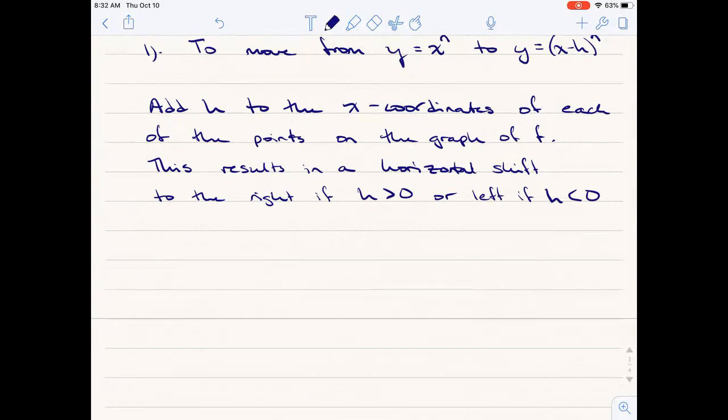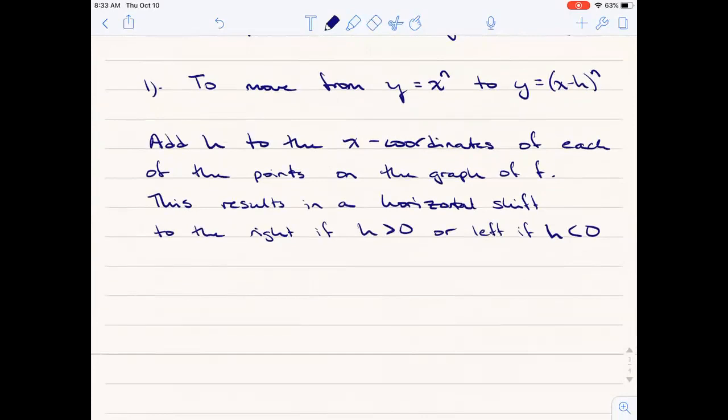Here's where you need to disconnect, because even though you have x minus h in your formula, you're just going to add h. So you figure out what h is and add it to your x coordinates, and that'll be the move that you want.